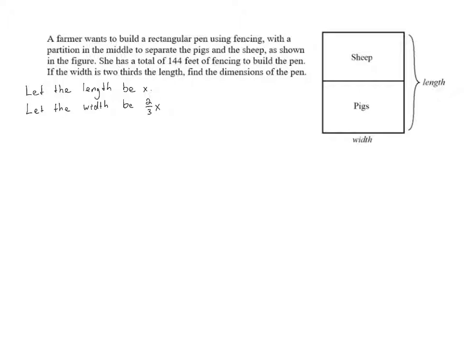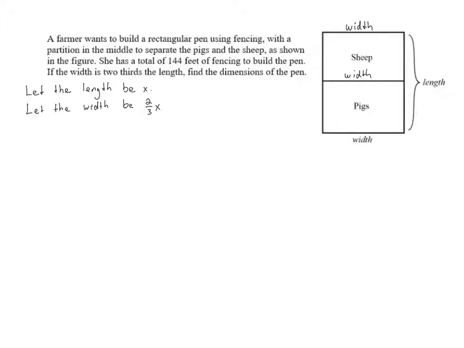So let's take a look at the diagram. We know the width is the distance from the left side to the right side. The width is also going to be the same on the top. The top has that same width, and the partition is going to have the same width.